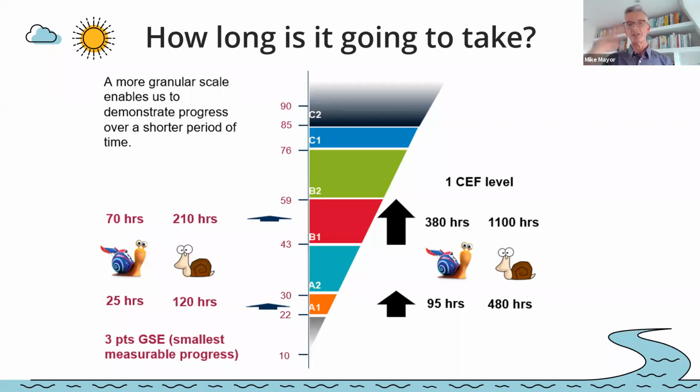Obviously, these are all averages, so this is not a precise amount. After 70 hours, you can show you're B1, but you're 43. You're B1, you're 46. You're B1, you're 49. You're B1, you're 52. As a learner, you can see that, okay, I am still B1, but I'm not the same B1. And as a teacher, your learner is not the same B1.